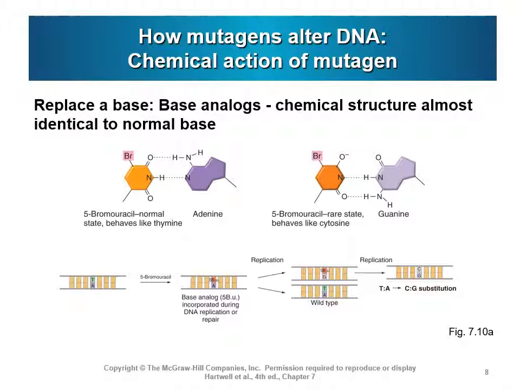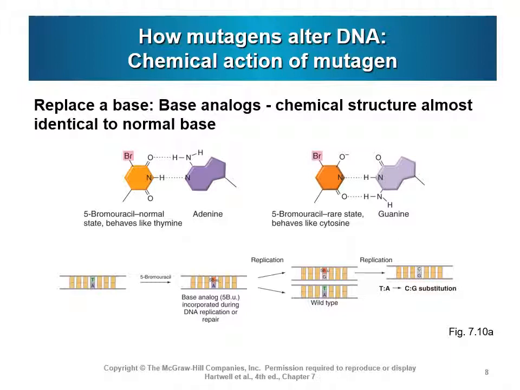So let's look at the bottom scheme, where there is DNA with adenine-thymine, and we switch to the chemical analog where we are dealing with bromouracil. There is bromouracil instead of thymine, complementarily paired with adenine.